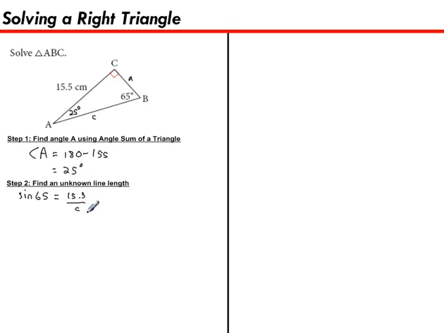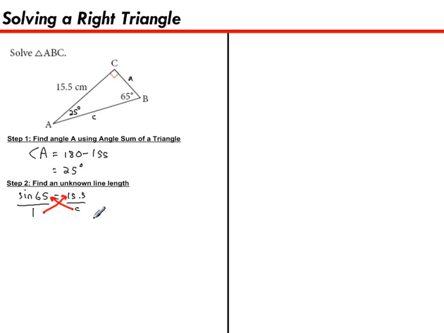From there, it's a matter of isolating c. And to do that, we need to break out some cross multiplication. So I'm going to add a 1 under my sine 65. And the reason I do that is that it's just a nice visual tool to help me remember how to do my cross multiplication. The first step is c times sine 65, and that will be equal to the cross, which is 1 times 15.5.